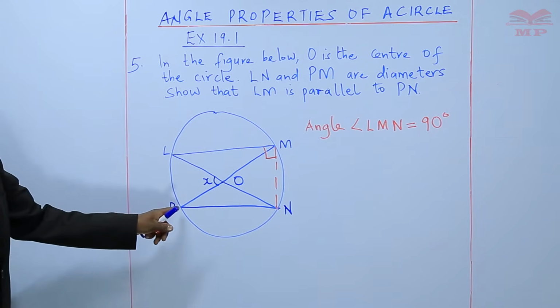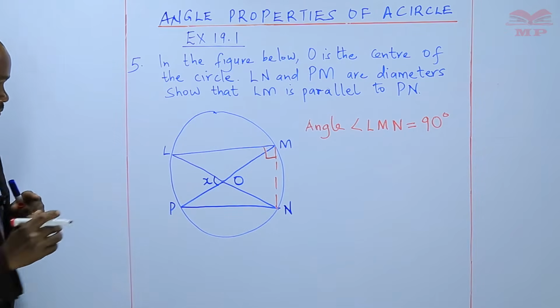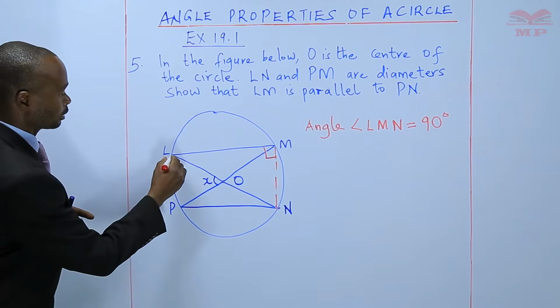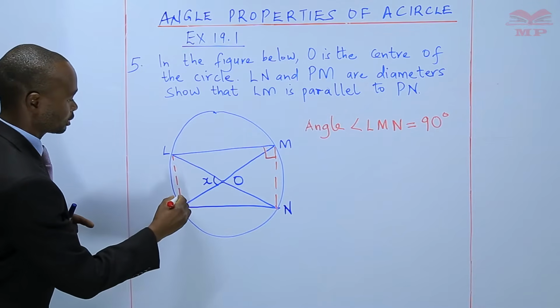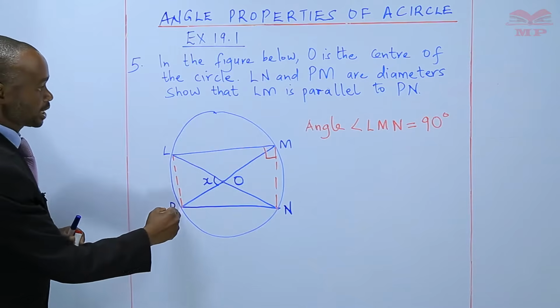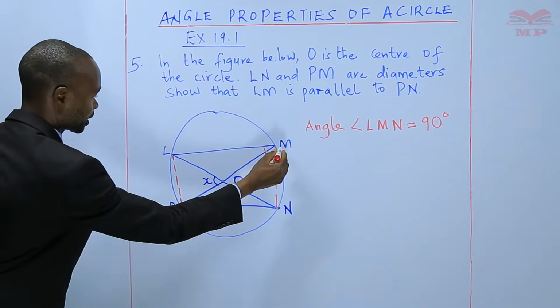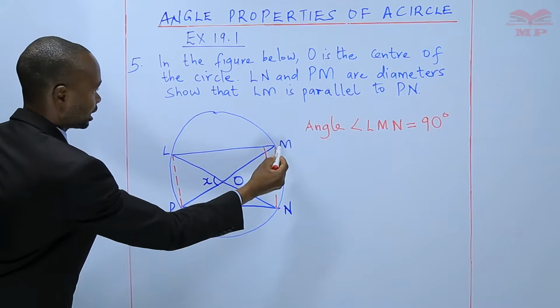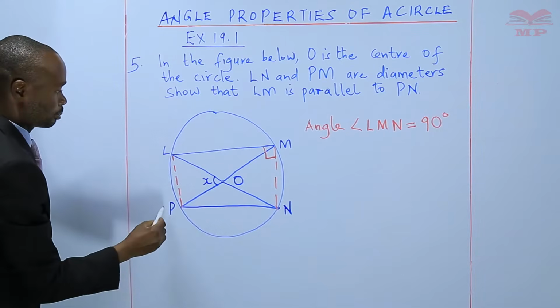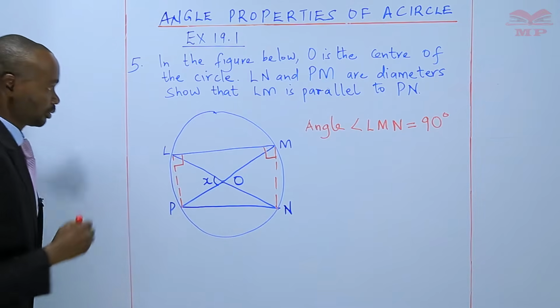Let's consider also diameter PM. If we prolong this chord L to P, we'll find that diameter PM will subtend angle MLP, which will also be a right angle.